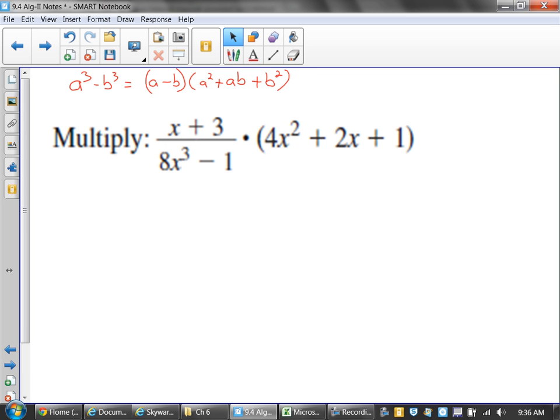In this instance here, what's the value of a going to be here, guys? The value of a here is 2x, because that's the first term, because 8 is a perfect cube. So your a value is 2x. Your b value is 1.